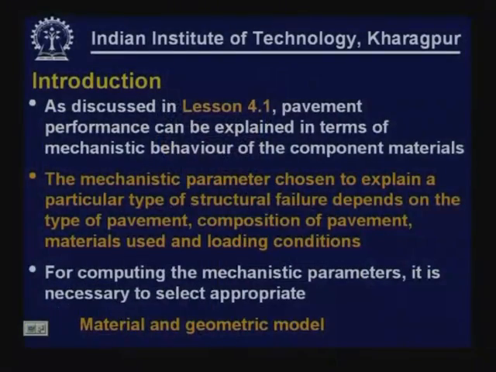The mechanistic parameters are chosen to explain a particular type of structural failure, because the payments are going to be undergoing various types of structural failures or other types of failures. So, we would be selecting different types of parameters to explain different types of failures.